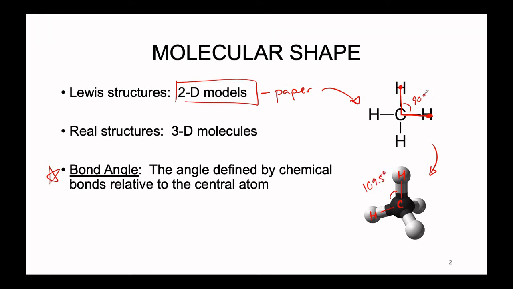So the bonding angle is larger than what we would predict just using our 2D model. Our real structures exist in 3D. So what we're going to be talking about today is, depending on the arrangement of the atoms in the molecules, how can we predict, without needing to explicitly look at the molecule each time, what the actual 3D geometry is going to look like?